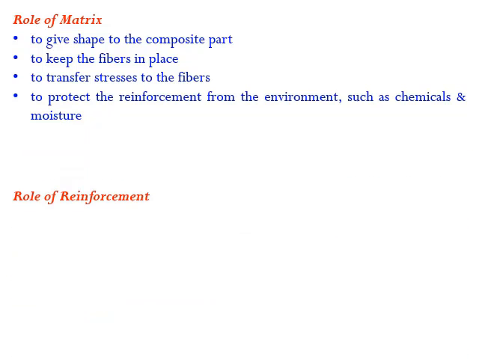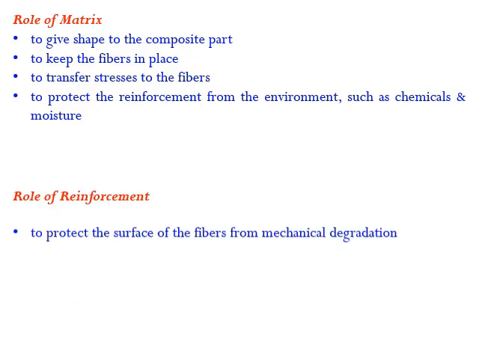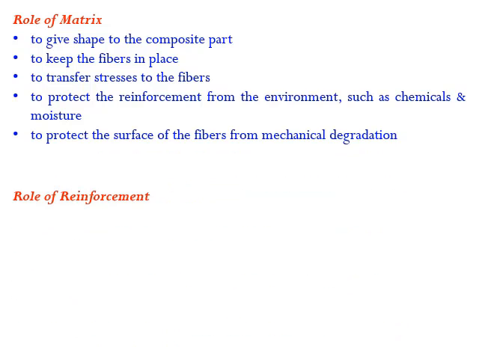Then, to protect the reinforcement from the environment, the matrix is the one which comes in contact with the environment. So it is going to prevent the reinforcement or the whole composite material from chemicals or moisture, from mechanical degradation, or from damage due to handling.